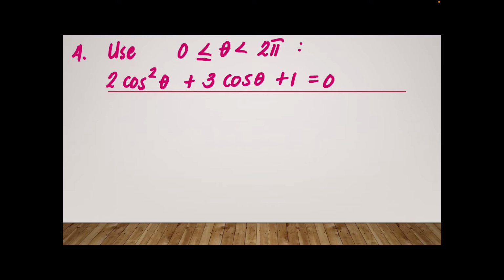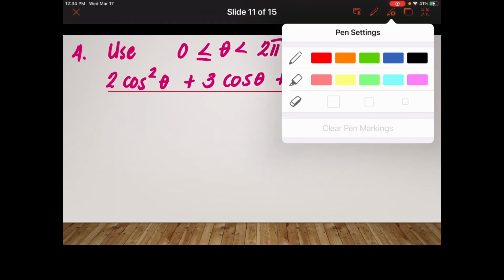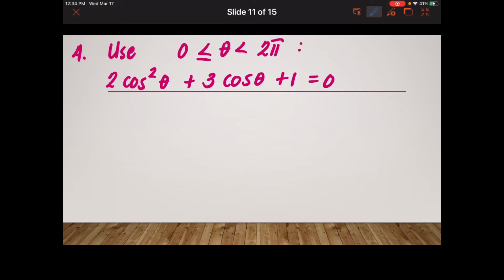Again, we may start by letting a certain variable be equal to our trigo function. So again, I will let a be equal to cosine theta. So my equation now will become 2a squared plus 3a plus 1 is equal to 0.